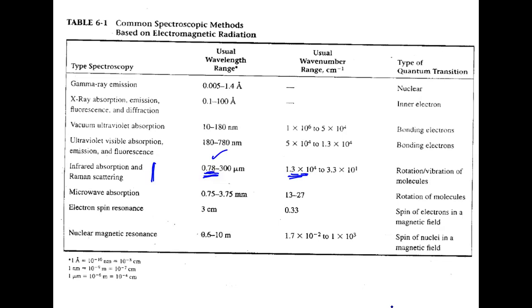Notice here, if it is microns, you are saying that is 0.78 microns. So in that case, we are reminded of what a micron is, right? A micron is 7.8 times 10 to the minus what?